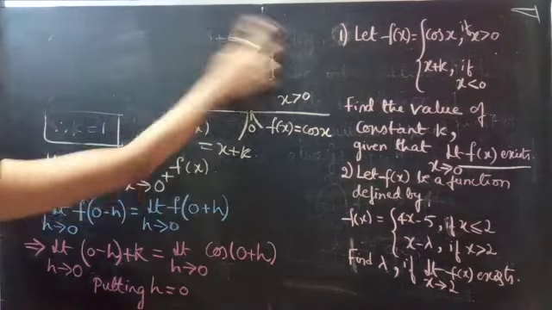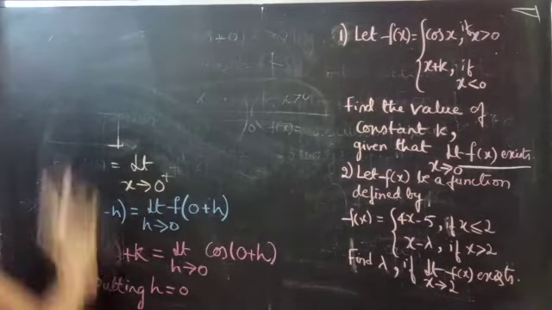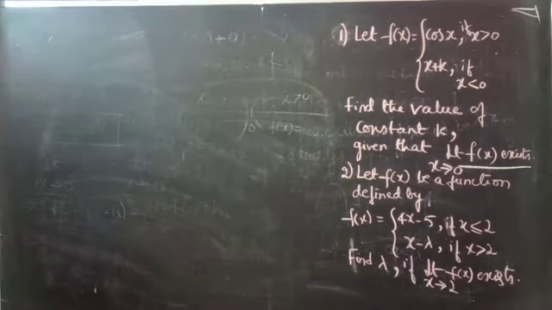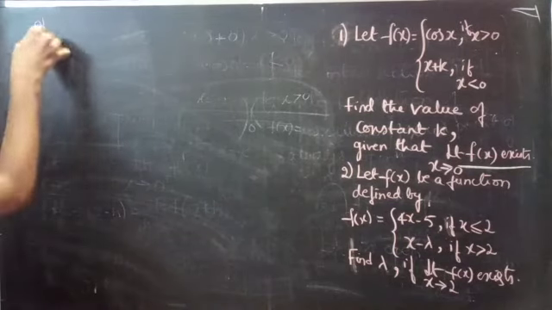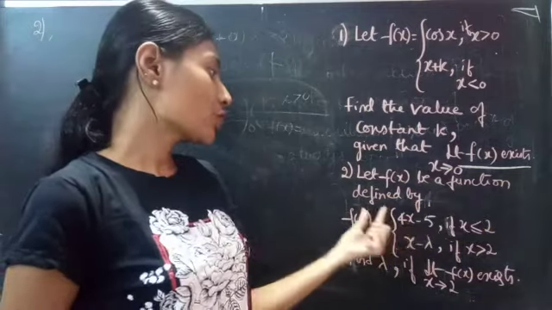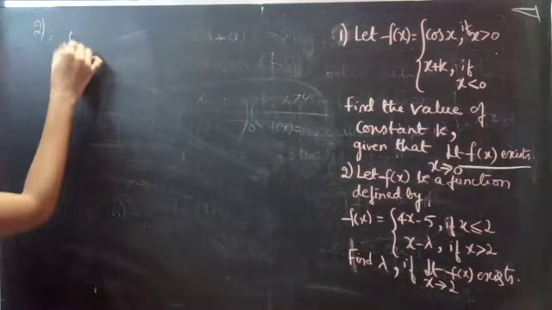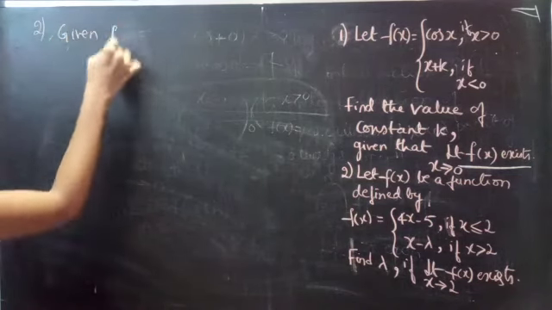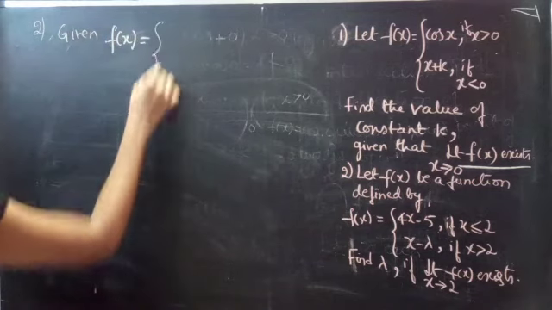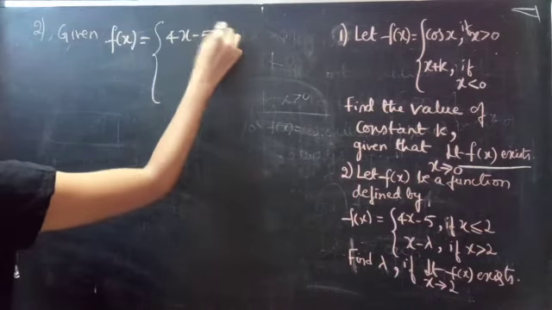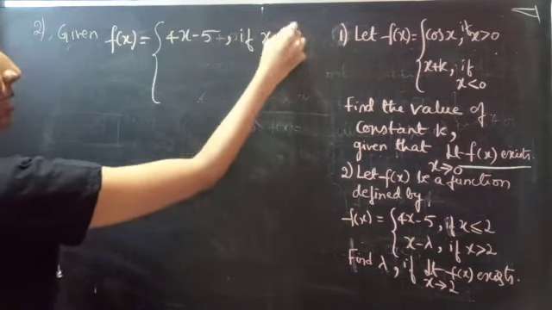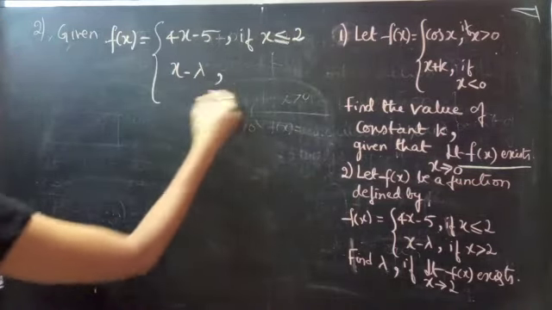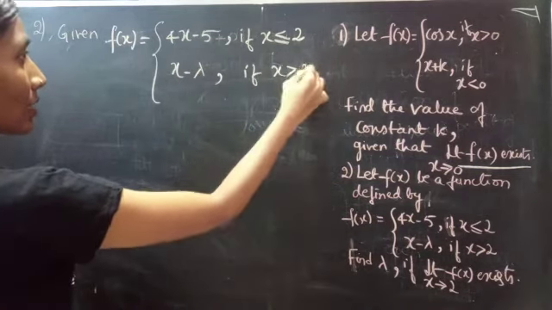Second problem. Let f of x be a function defined by f of x equals 4x minus 5 if x is less than or equal to 2, and f of x equals x minus lambda if x is greater than 2.